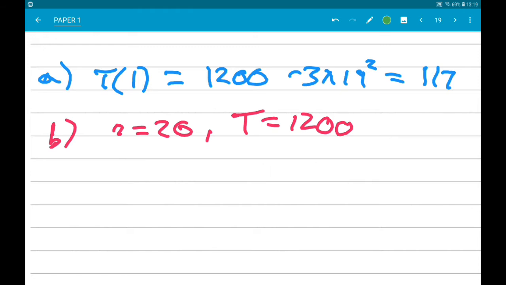So we need to calculate T of 5 minus T of 4.